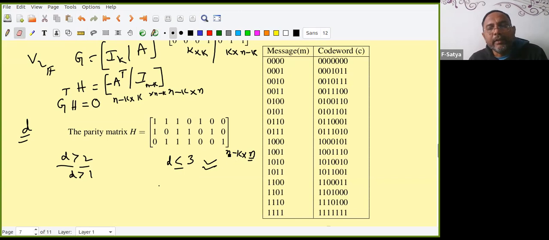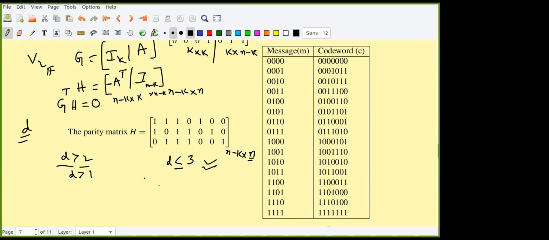But what is n here? You remember what n is here? 2 power p minus 1. That much clue I am giving now. I am repeating the question. If you look at the columns, what can we guess? All non-zero binary vectors.